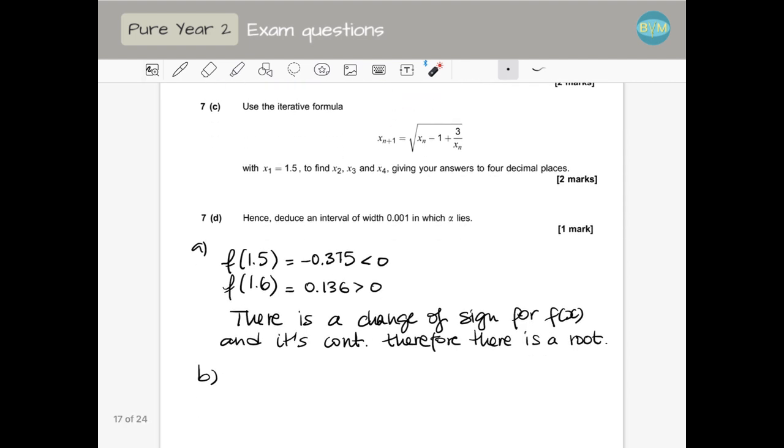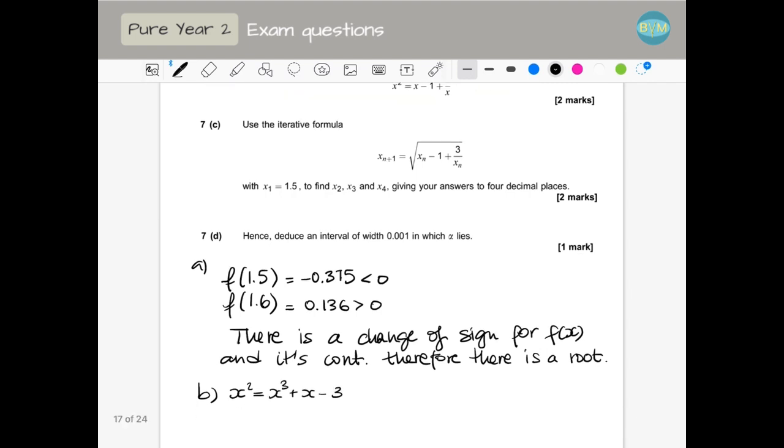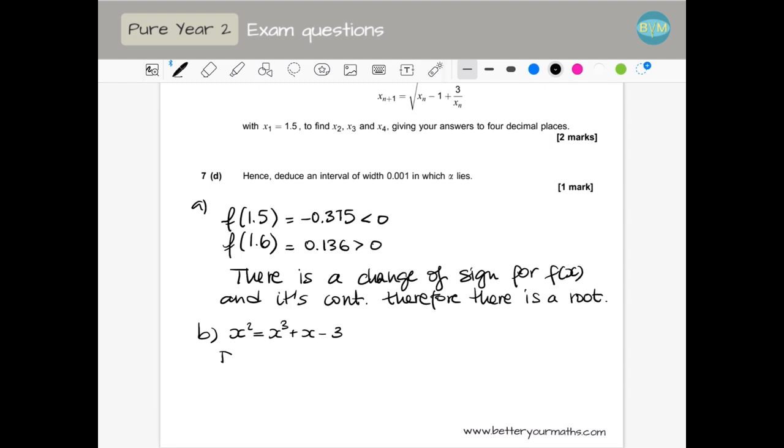So I'm going to start with the initial equation. x squared is x cubed plus x minus 3. So what I'm going to do is divide by x.